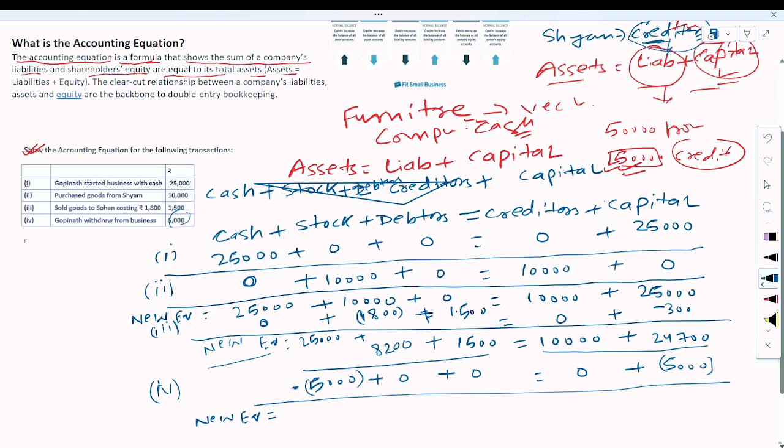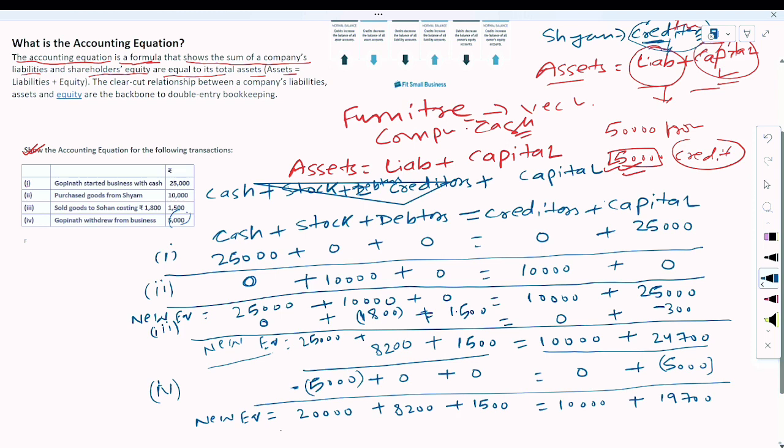Now the new equation, what will it be? The new equation will be 25,000 minus 5,000, which means 20,000, plus stock value as it is, 8,200, plus debtors value as it is, 1,500, because you have not yet received from debtors, and creditors value as it is, because you have not paid your creditors, and this one 19,700.